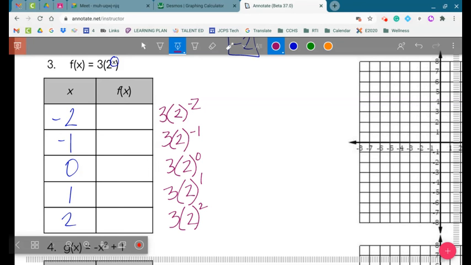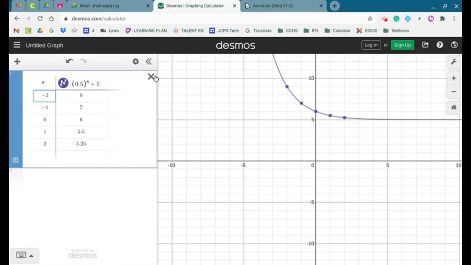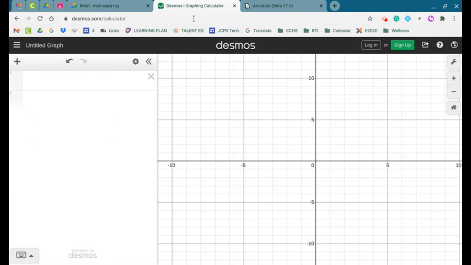But in class, we will be using the graphing calculator, and what you have to do is go to the y equals button, which is in the top left corner. Press it, type in your function, and then if you hit second graph, it'll give you your list of values. In Desmos, I'm going to type in my function.